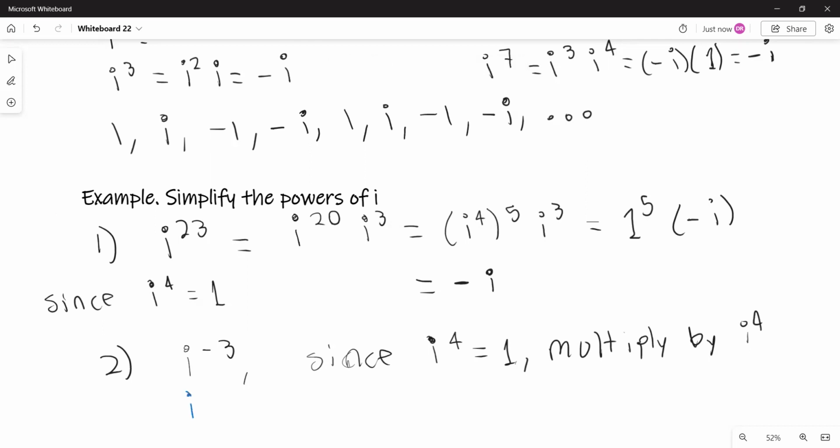So i to the negative 3 is the same as i to the negative 3 times i to the 4.